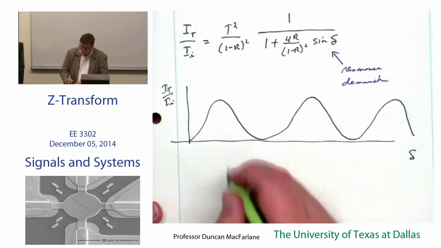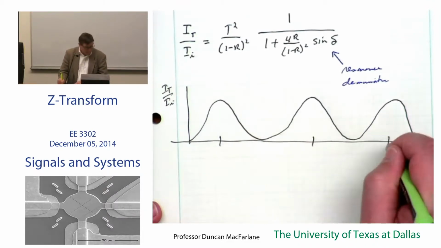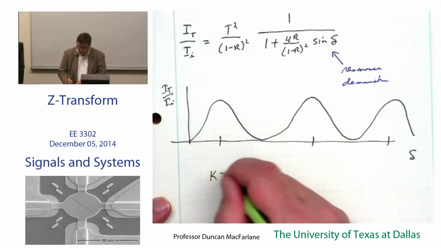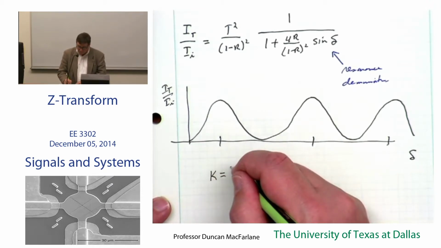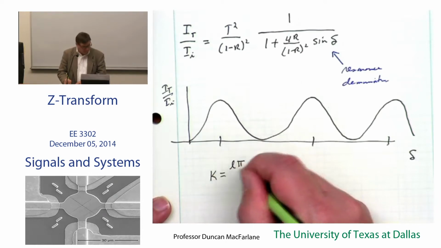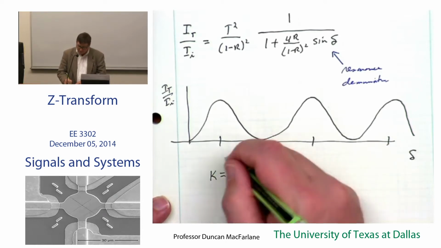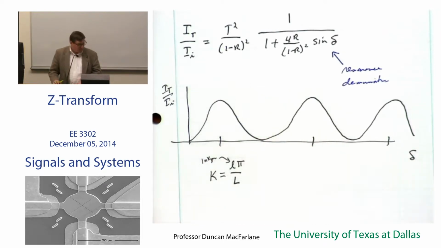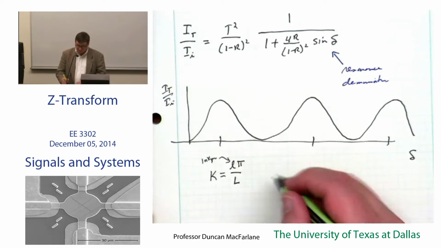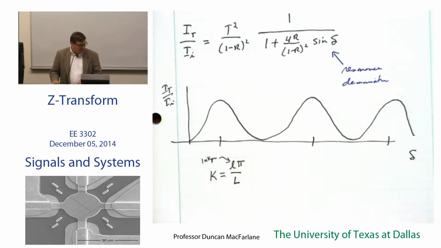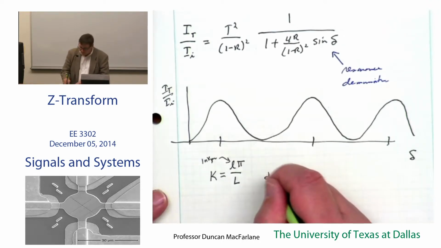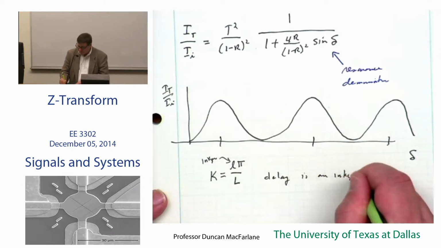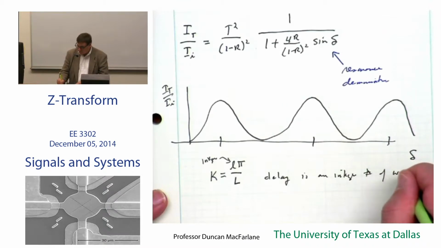And I have peaks whenever delta is equal to k pi over capital L, where k is an integer. So whenever I have an integer number of pi over L, or another way to say that, when the delay is an integer number of wavelengths.